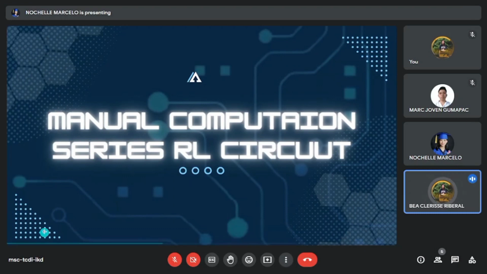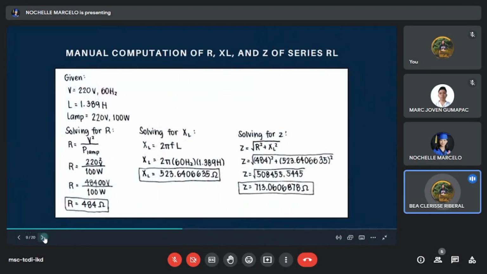For the series RL circuit, using Ohm's law, compute the voltage and current for each component. Record it at Table 1 and 2.